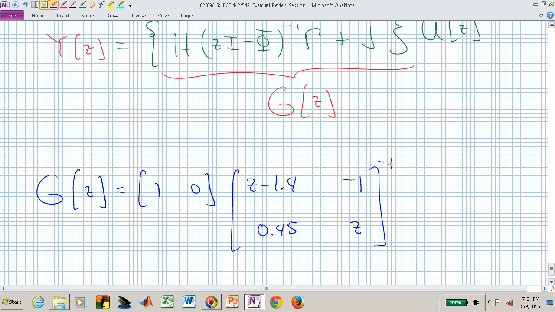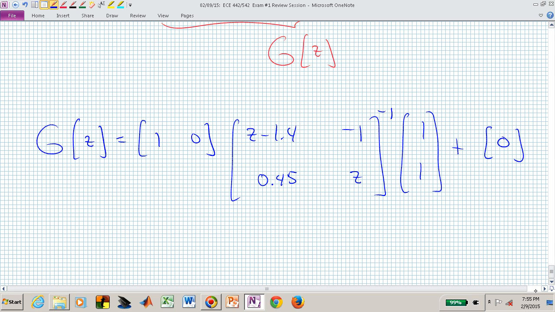We need to invert that, post-multiply by our input matrix gamma, and add to that the J matrix, which is a 1 by 1 matrix. And I may not go through the algebra, but you should be able to. The determinant of that is the product of the diagonal minus the product of the off diagonal, and then you have the nice result for a 2 by 2.